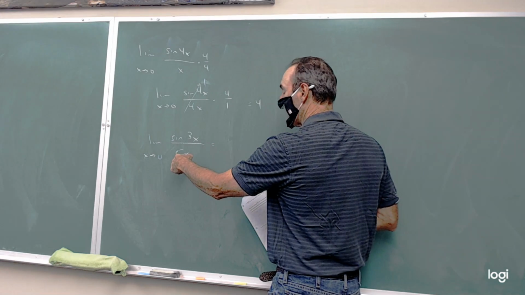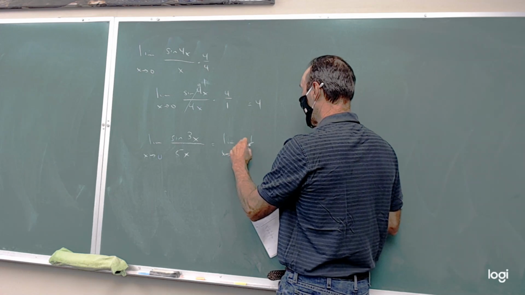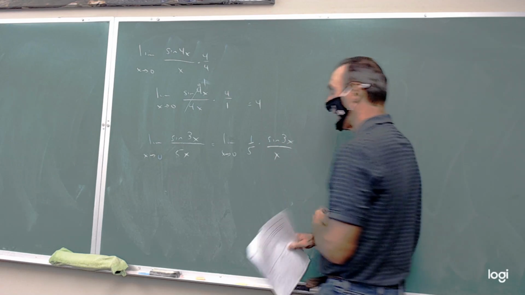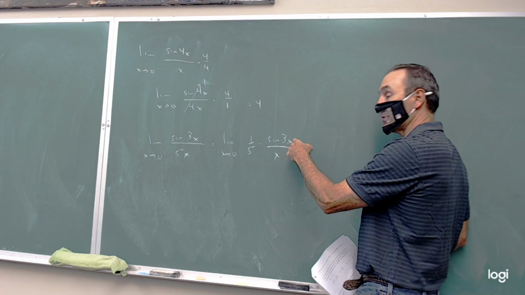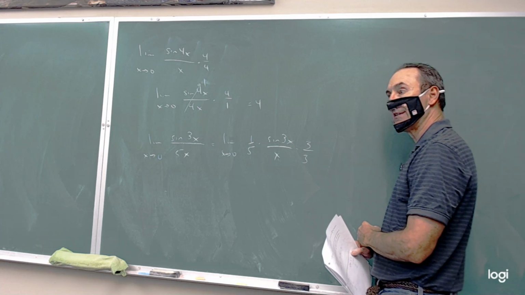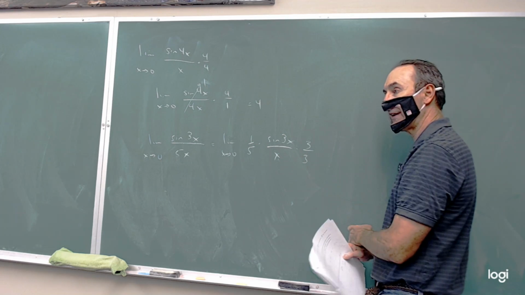This 5 in the denominator, I'm going to pull it out all together. That makes that a sine 3x over x. Now I'm going to make the denominator here, that x, into a 3x. So I'm going to multiply top and bottom by 3. Does that make sense? Take out the one I don't want, put in the one that I do want.